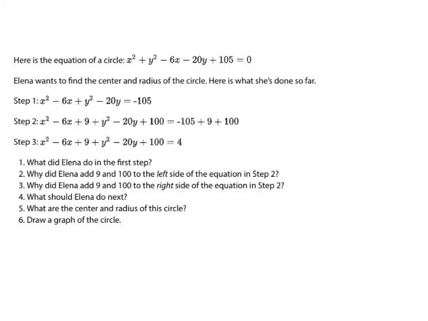Here is the equation of a circle. Alina wants to find the center and the radius of the circle. Here's what she's done so far. So first, she moved the 105 to the right by subtracting it from both sides of the equal sign. Then, what did she do?